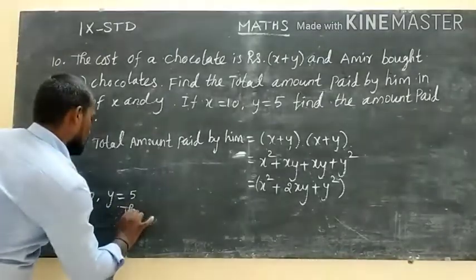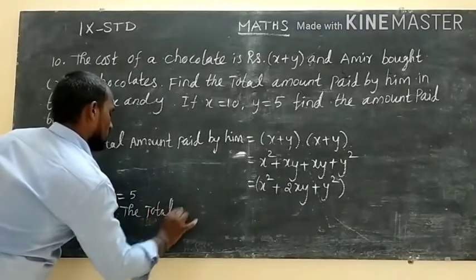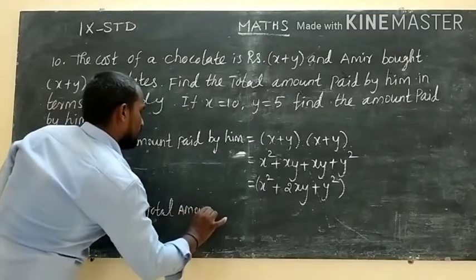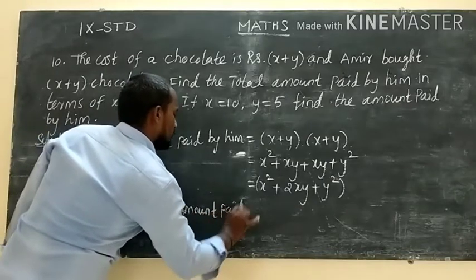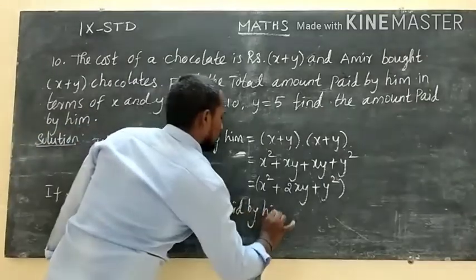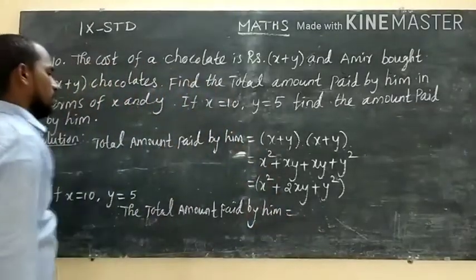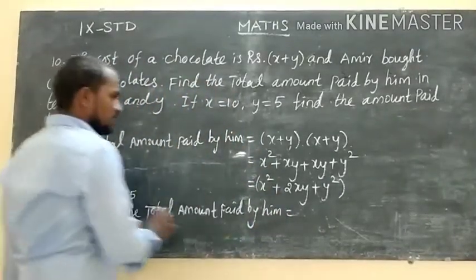Therefore, the total amount paid by him is x square plus 2xy plus y square, with x equal to 10 and y equal to 5.